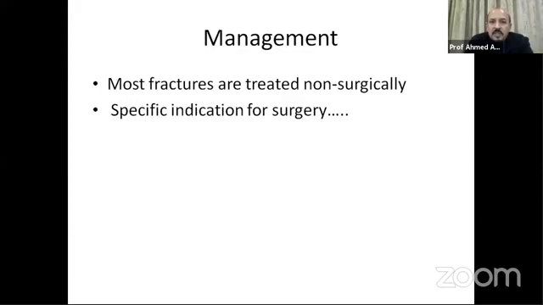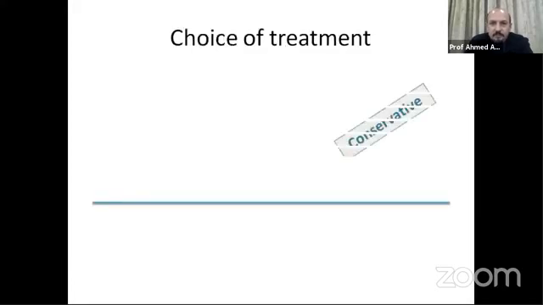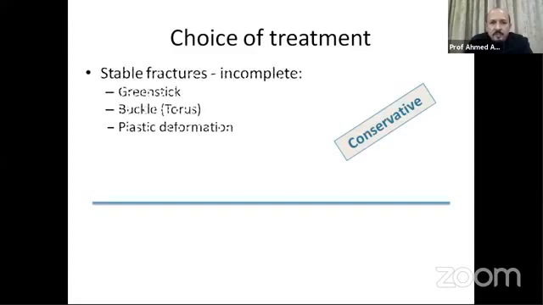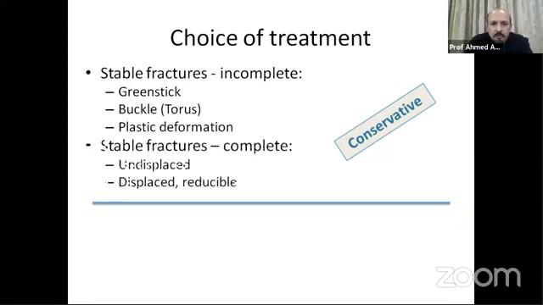Most fractures are treated non-surgically. This is important for diaphyseal femoral fractures. We have limited specific indications for surgery. Conservative treatment includes stable fractures, which may be incomplete, like a green stick, buckle, plastic deformation, or complete but stable fractures, which may be undisplaced or displaced but reducible.